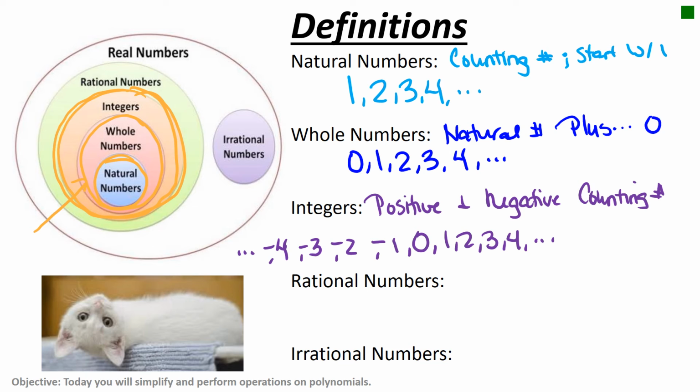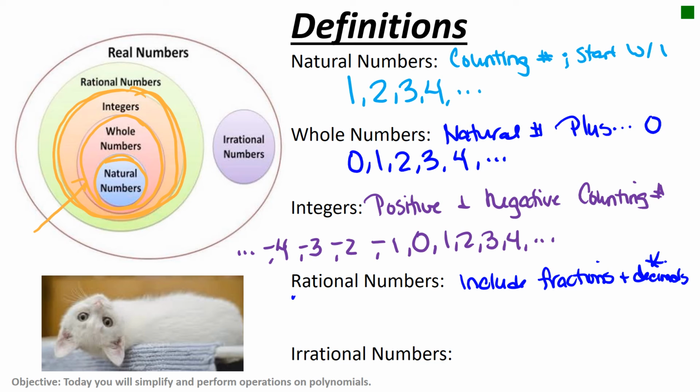All right. So rational numbers include all fractions and certain decimals. I'm going to put a little asterisk above decimals because it could be special. It has to be any number that can be turned into a fraction.